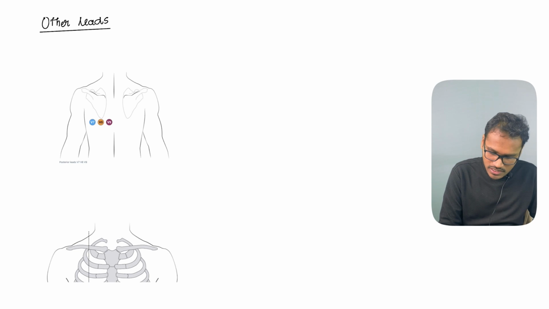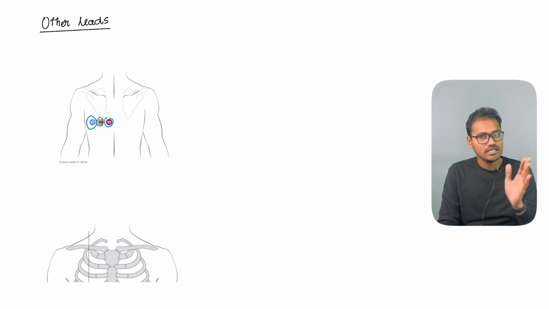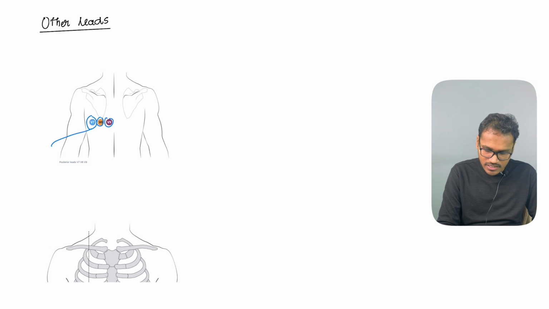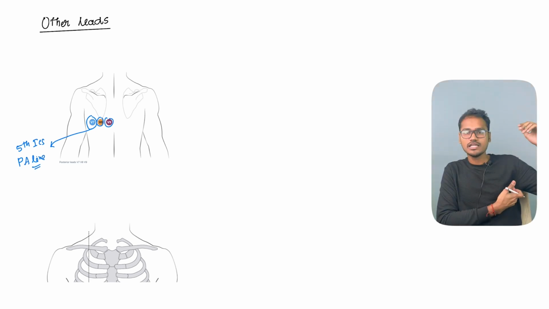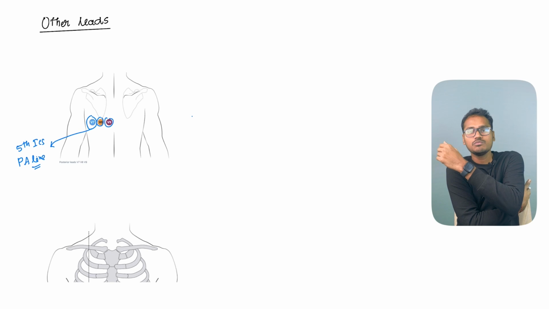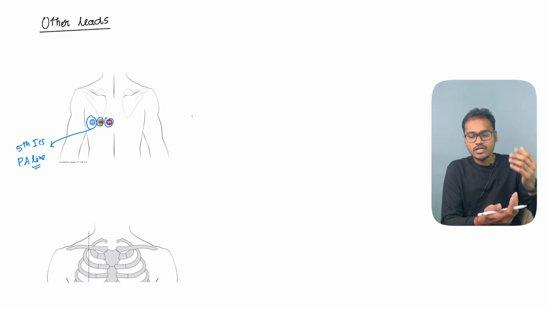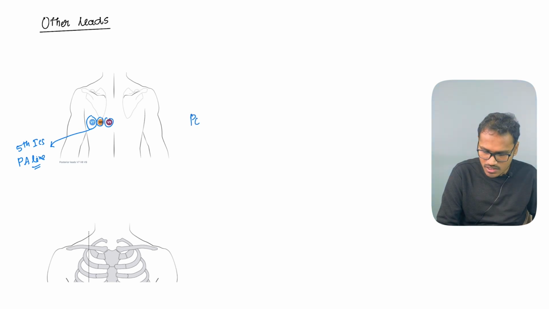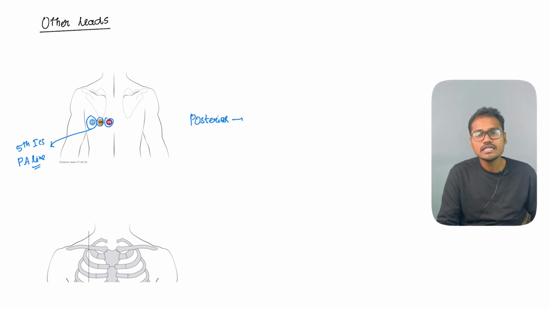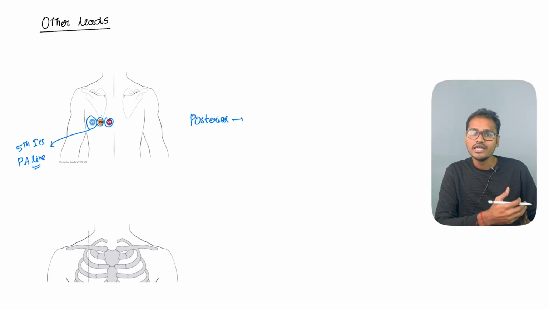For example, as you can see here, V7, V8 and V9. Till V6 we have already done. V7 is also in the 5th intercostal space, in the posterior axillary line. We came till the mid-axillary line, so this will be the posterior axillary line. Why do we need to place this posterior lead? The logic is pretty simple. If somebody has a posterior wall MI, then none of the front cameras will catch it.